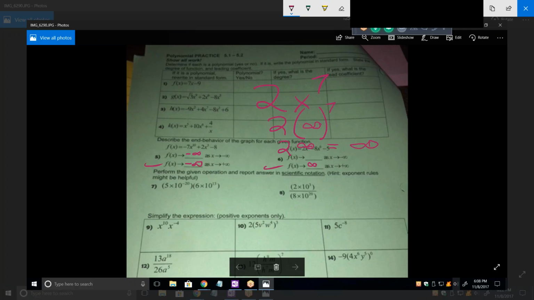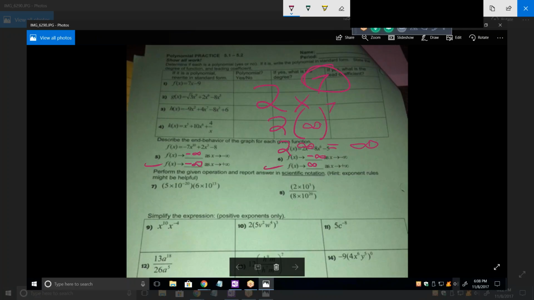Now we also know that this is an odd number, 7. So what's the left-hand end behavior? Negative. Exactly. Opposite of the right. And that is much easier. I don't know why I did it the other way. There's no need to ever substitute negative infinity.